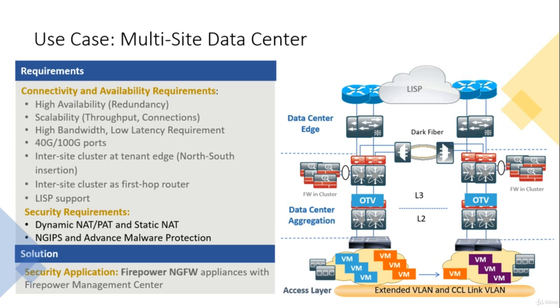The LACP support both at the port channel interface level as well as the ASA clusters enables these platforms for native integration in the data center environment using VPC. So ASA is the only firewall on the market which supports scalability and high availability across multiple data centers.